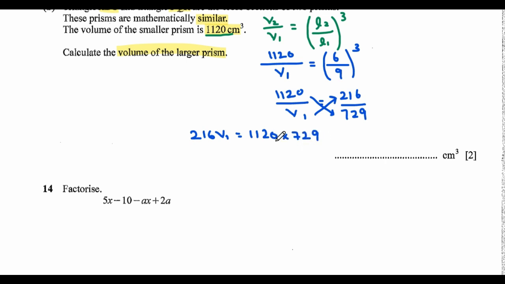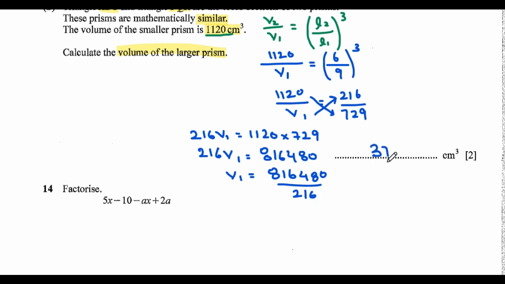Now multiplying 1120 with 729, it would be 816480. Now to get V1, I will divide this value by 216. 816480 divided by 216. So the volume of the first prism, or the larger prism, is 3780 centimeters cubed.